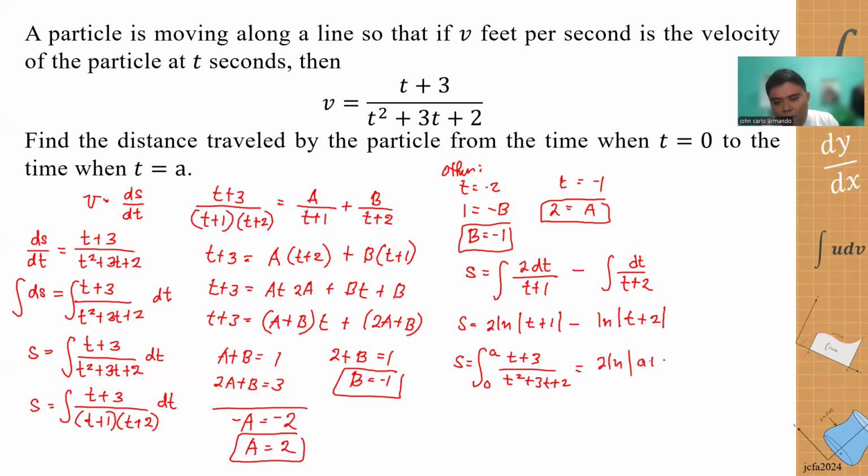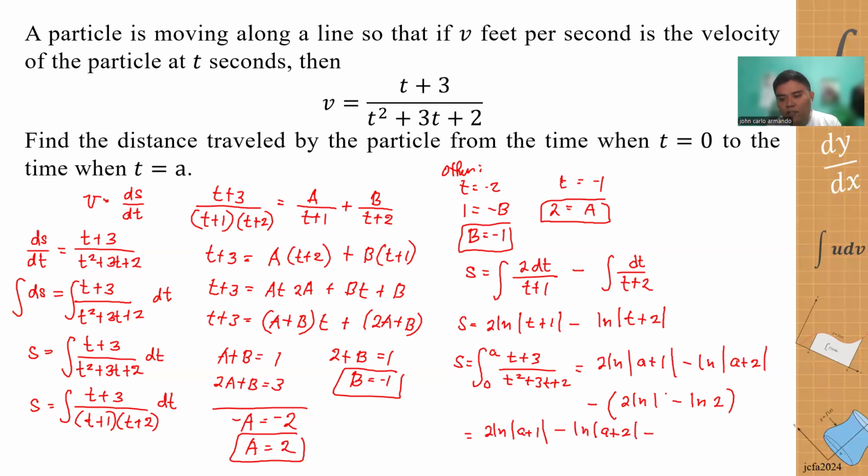So a plus 1 minus ln a plus 2, right? Minus when t is 0. 0 plus 1, edi 1. So 2 ln 1 minus ln 0 plus 2, so 2. Okay? So the result would be 2 ln a plus 1 minus ln a plus 2.